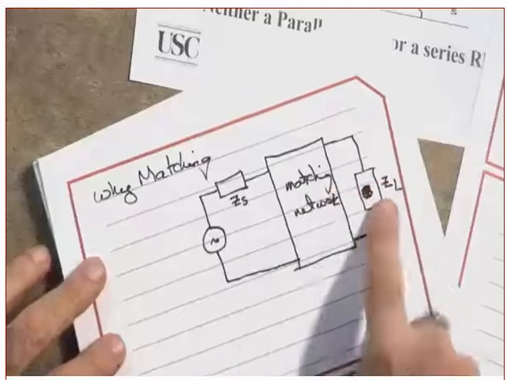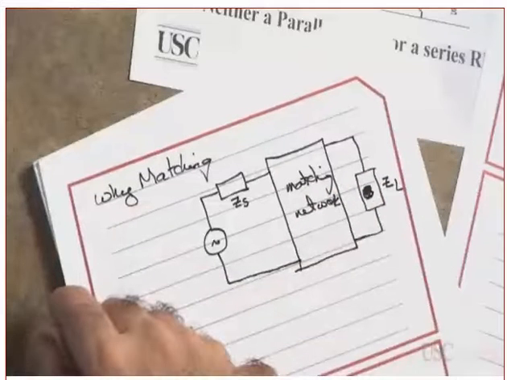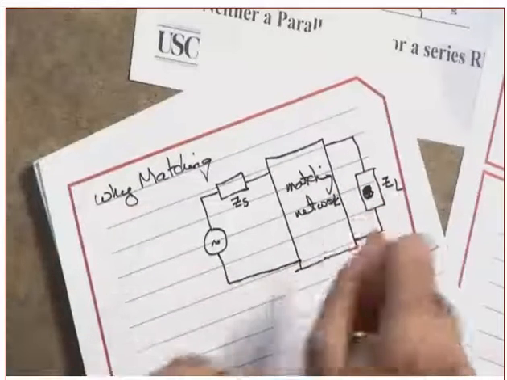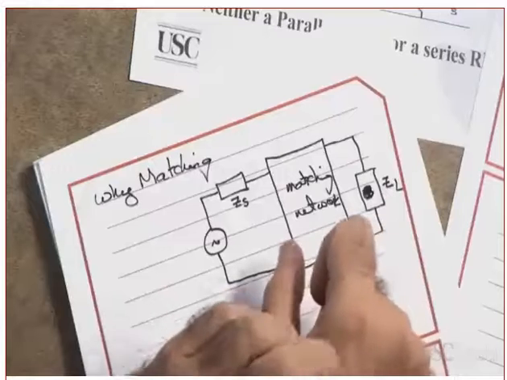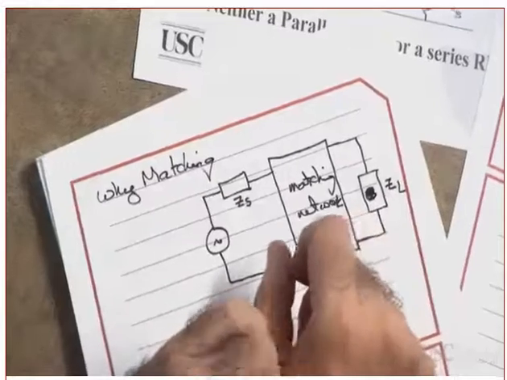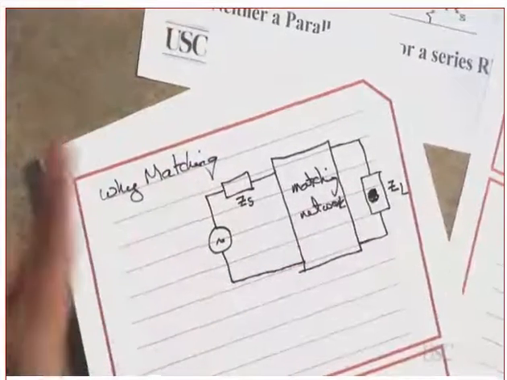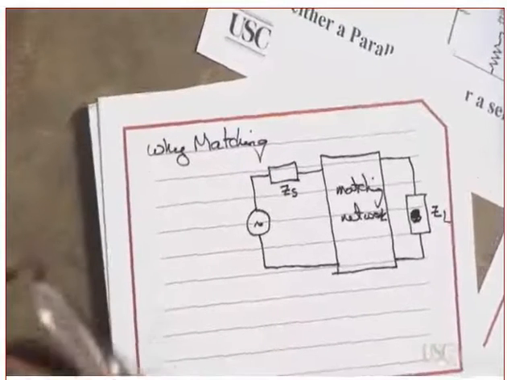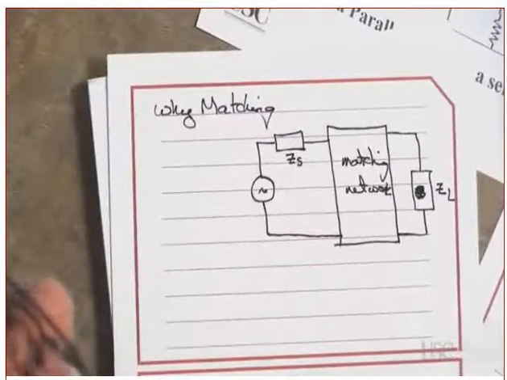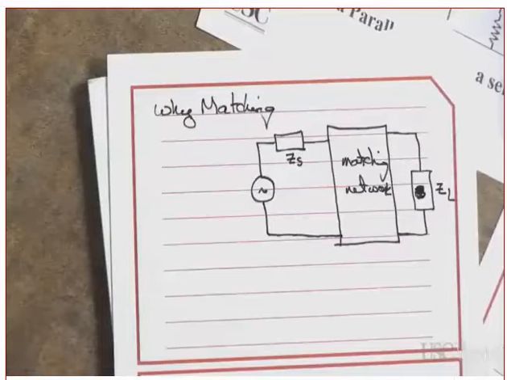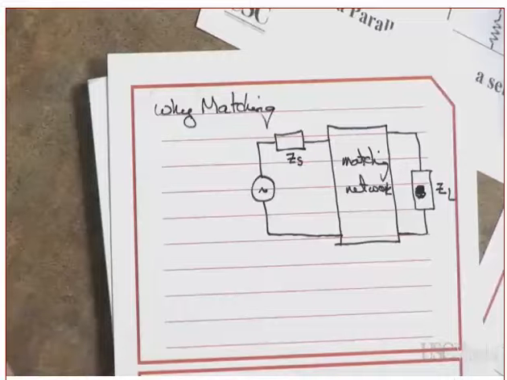Answer me the following question. How come I use ZL here? Is it possible that the load impedance is complex? What do you mean could be? Most of the time it is. We will see when we talk about amplifiers. Did Aaron review a little bit of the CMOS for you?